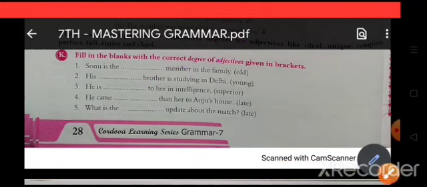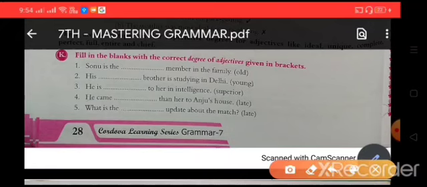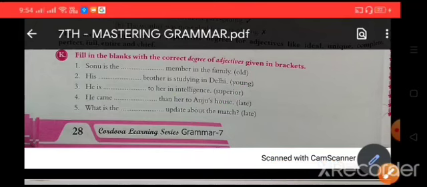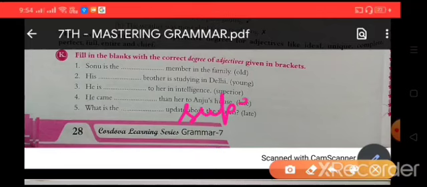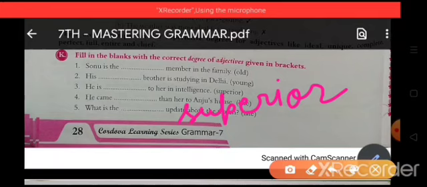His dash brother is studying in Delhi. His younger brother is studying in Delhi. He is dash to her in intelligence. She is superior to her in intelligence.